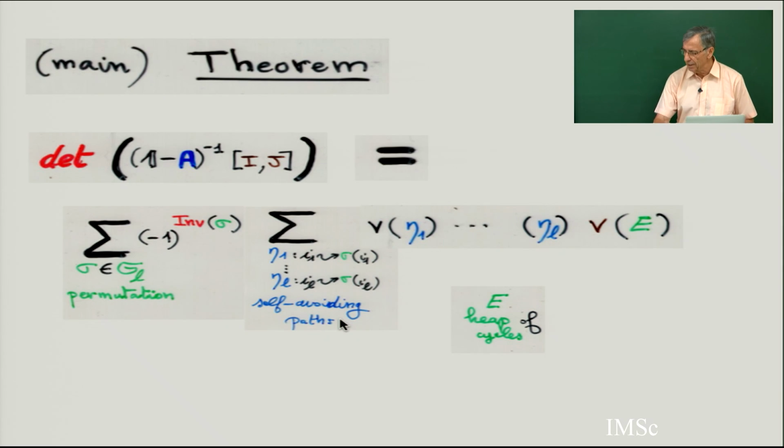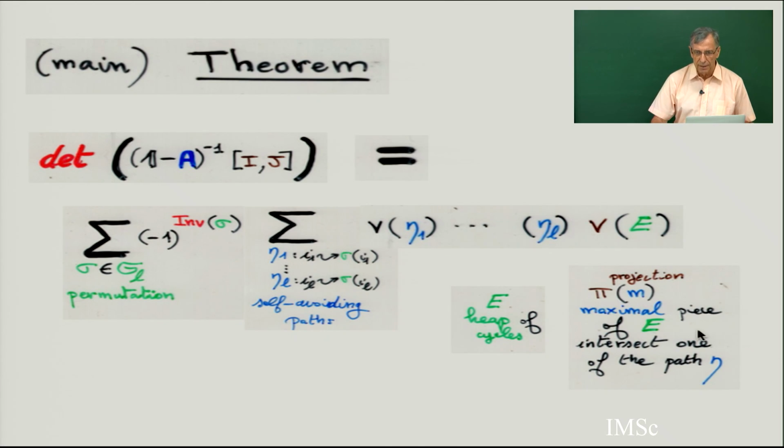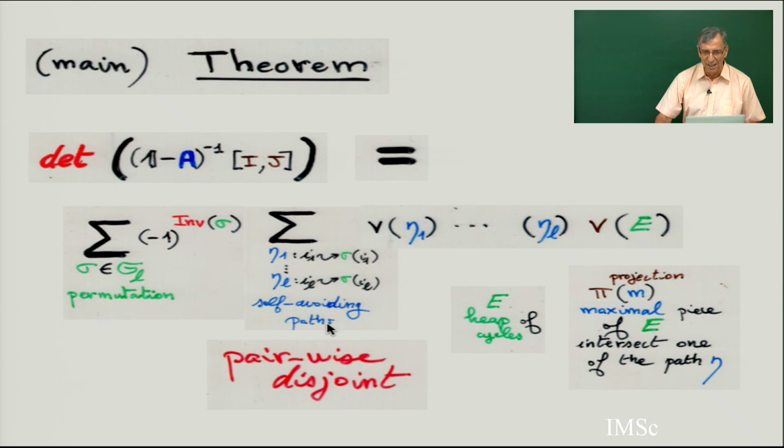These paths are self-avoiding paths. And here you have the weight of a heap, a heap of cycles. And there is a condition that the maximal piece of the heap must intersect one of the paths eta. And it's not finished. I have a further condition that the paths eta are pairwise disjoint.